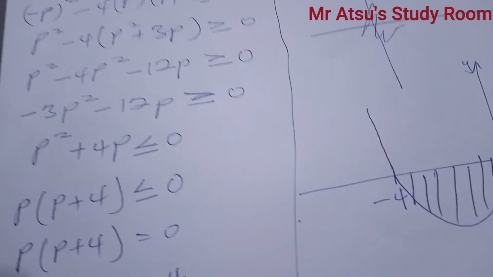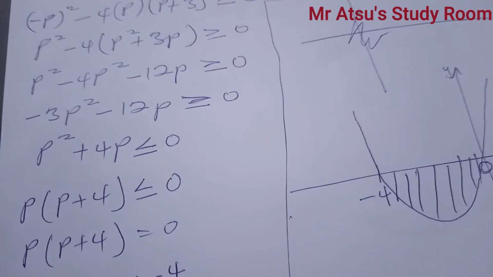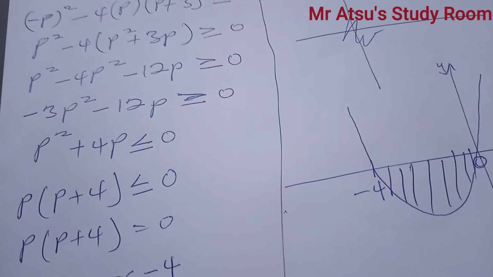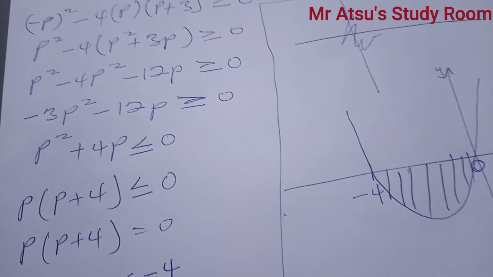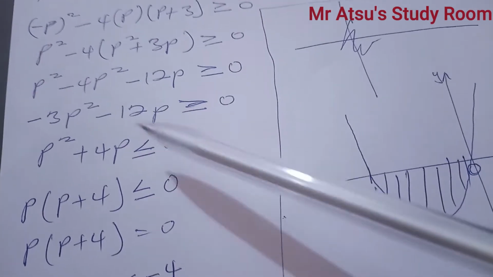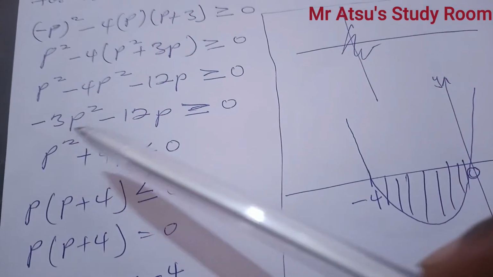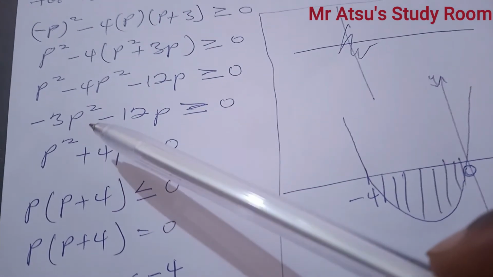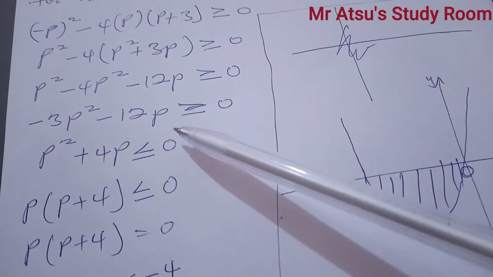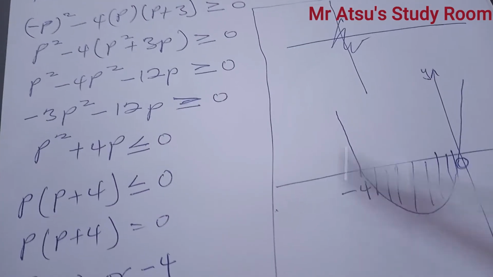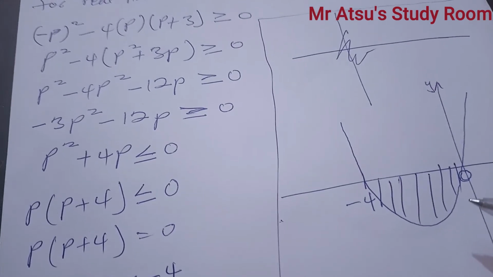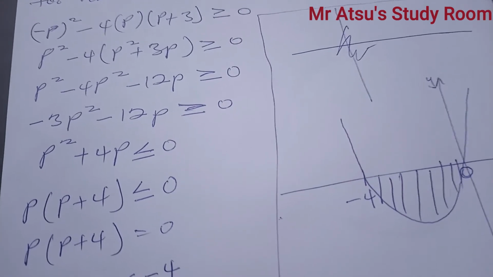But another difference will be when it comes to the graph. When you sketch it, first of all, because after dividing through by 3, you have negative p squared minus 4p, it means that your a is negative, so your graph will look like an n shape.